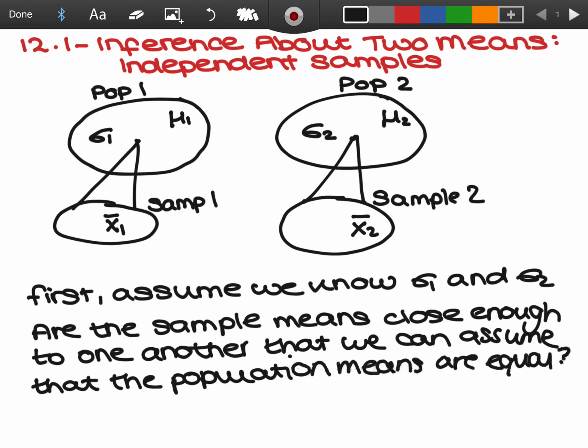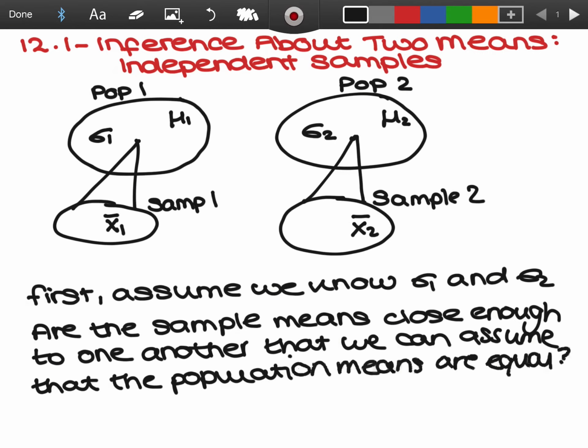So if you remember before, when we had one population, we took one sample from that one population and then we took the distribution of the sample means, and that is what gave us that test statistic that we were using in our hypothesis tests. What we are doing now is that we need to look at the distribution of the difference between the sample means, because we want to see how they differ from one another.